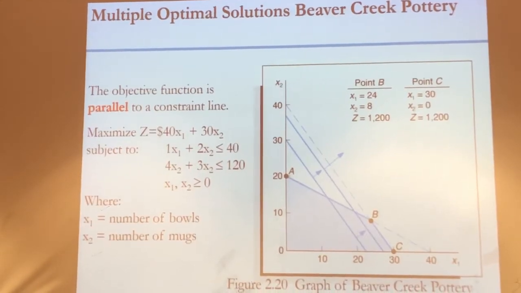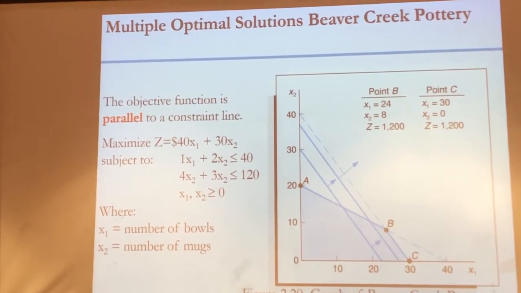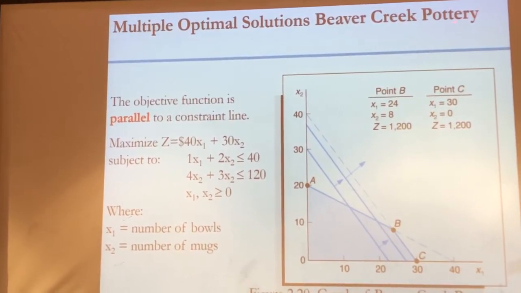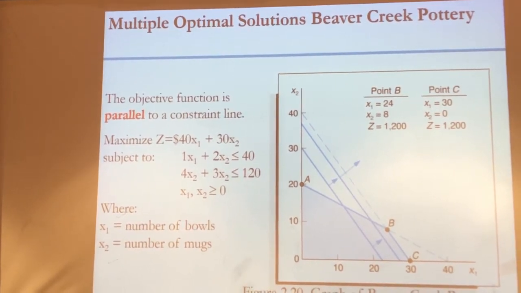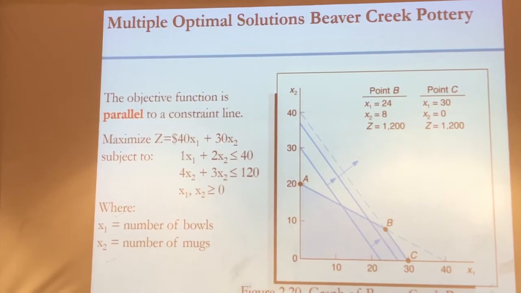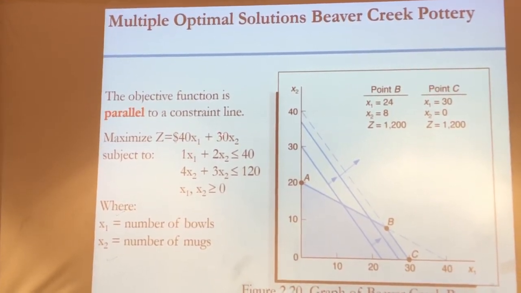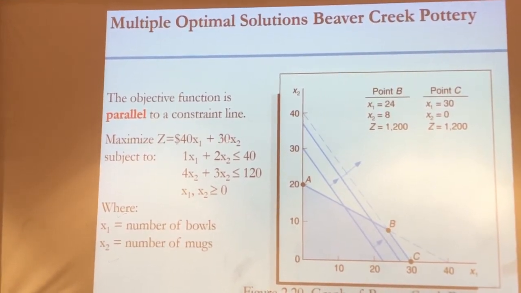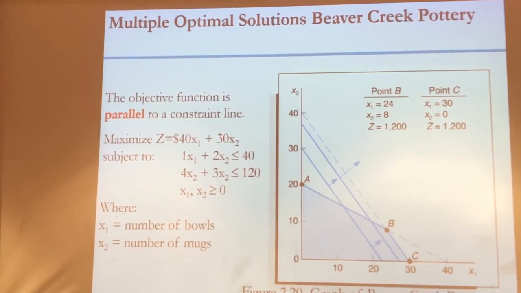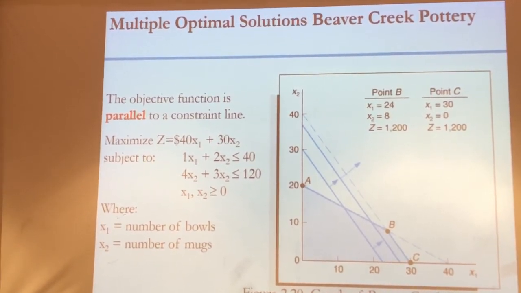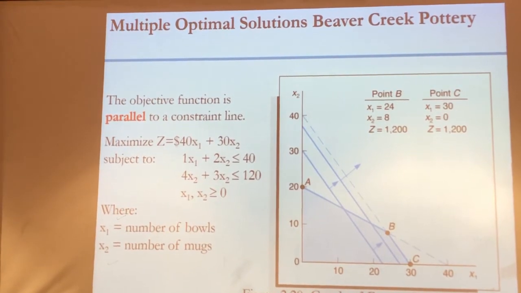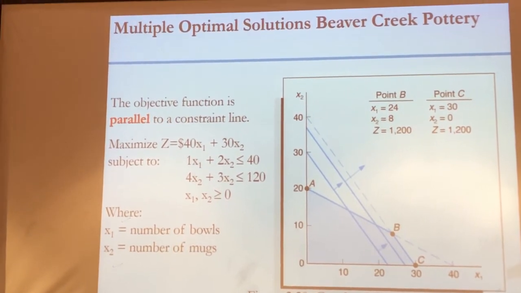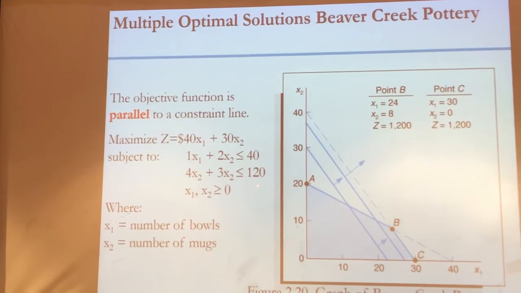Here you see the same problem we have seen earlier, the Beaver Creek pottery case in the last lecture. Same problem, except that in the coefficient in the profit objective function, we had 50 over here, not 30. Let's say it is 30 now, and one of the constraints you can see over here is 4x1 plus 3x2 less or equal to 120.